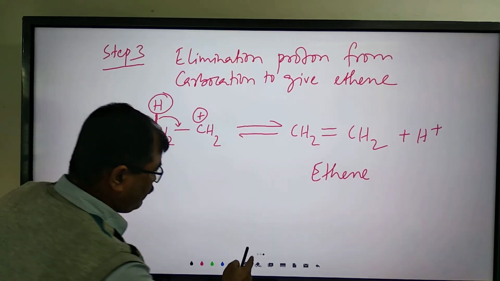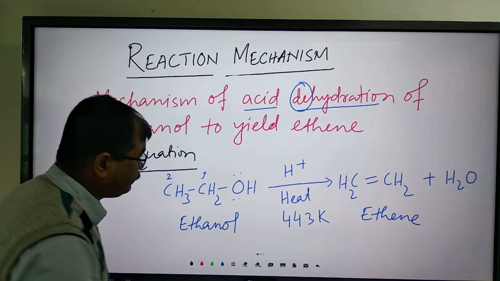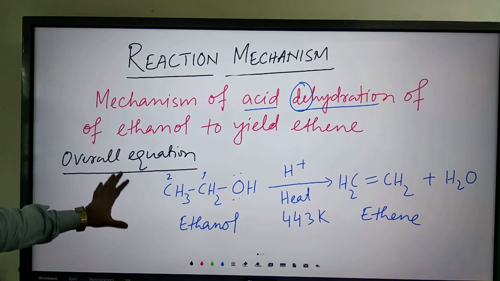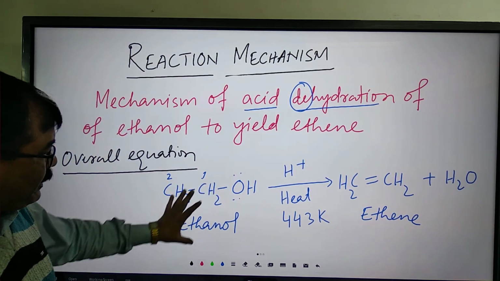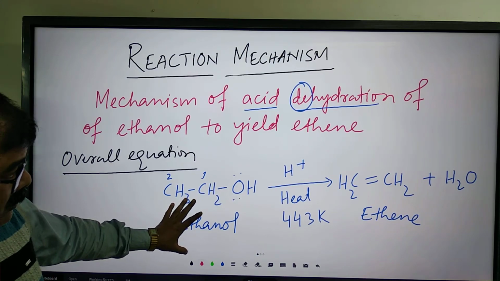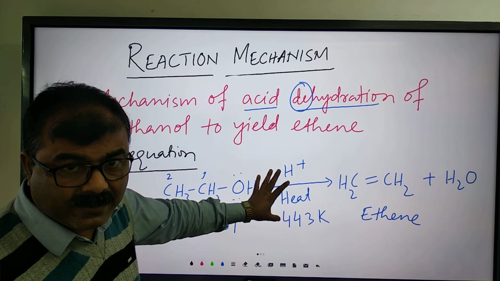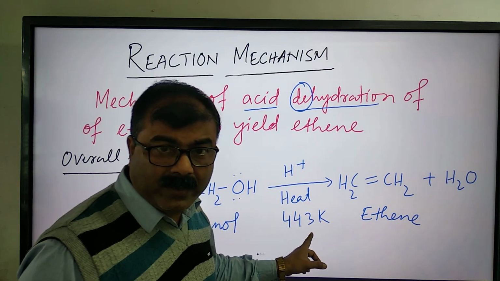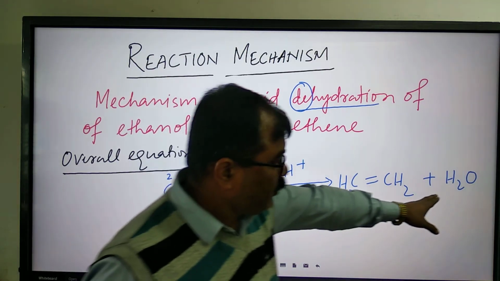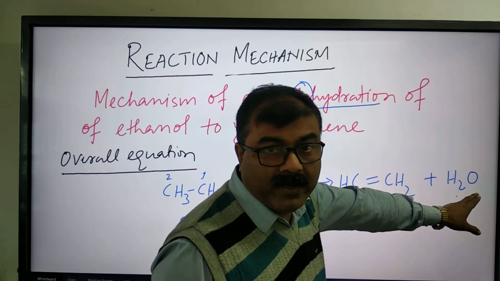Would you understand, my dear students? Once again, quickly. This is the overall equation: ethene is formed from ethanol in the presence of acid when heated at 443 Kelvin, and water has been removed.